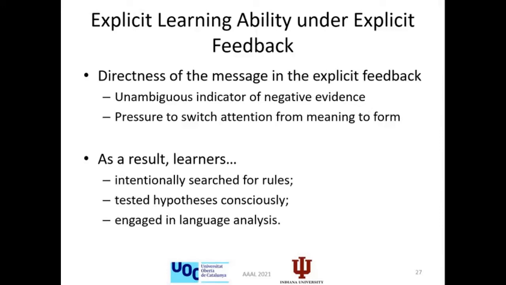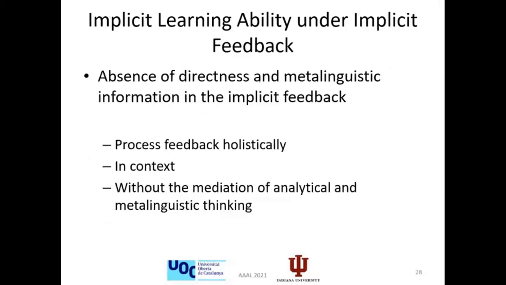The directness of the feedback might have helped unambiguously conveying the negative evidence to the learners and put pressure on them to switch attention from meaning to form. As a result, the learners might have intentionally searched for rules, tested hypotheses consciously, and engaged in language analysis.